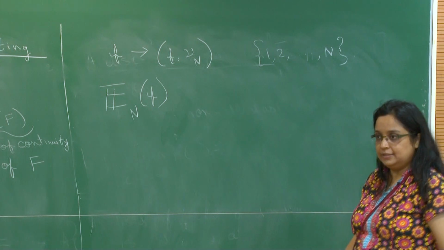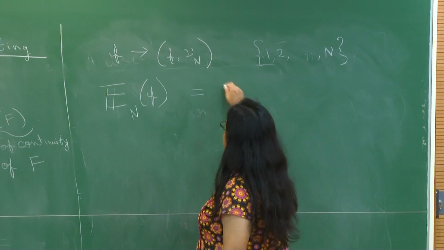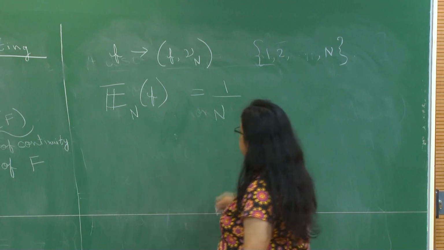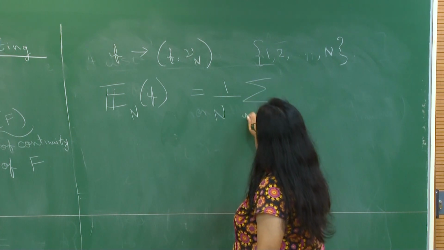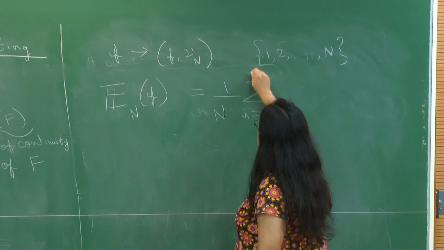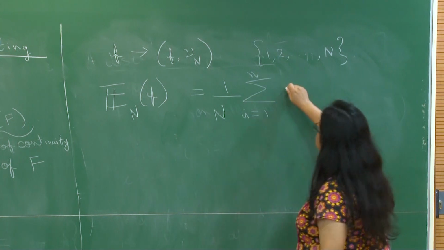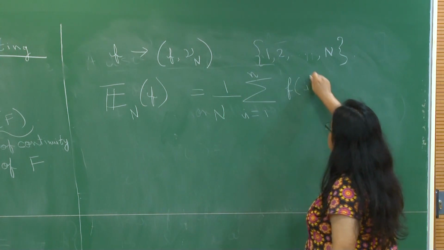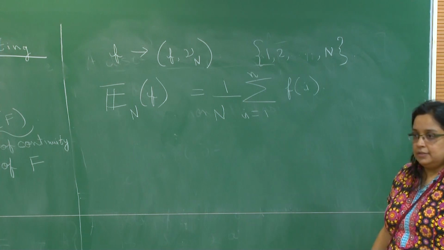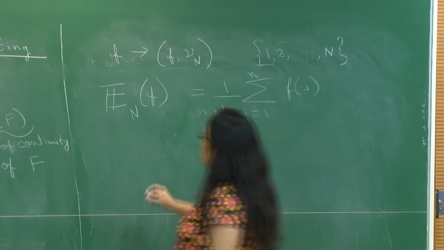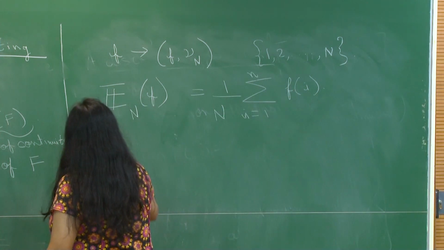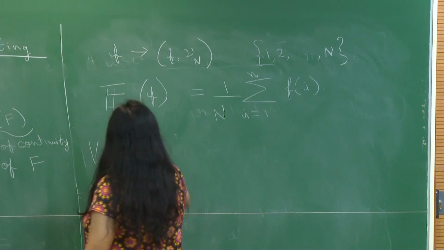By definition, it is equal to 1 by capital N, summation i going from 1 to n, f of i. What is the variance of f?